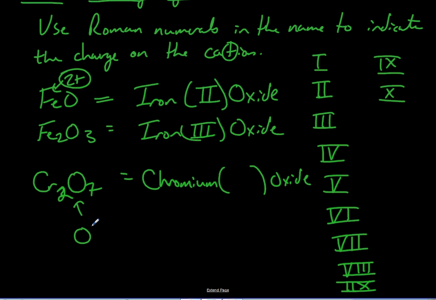And each one has a charge of what? 2 minus times 7, 14 minuses. So each chromium, if we have 2 of them, must have a charge of 7+. So this is chromium 7 oxide. Chromium 7 oxide.